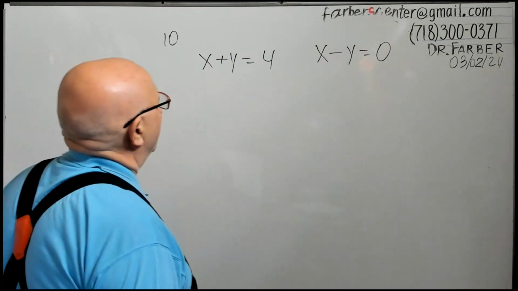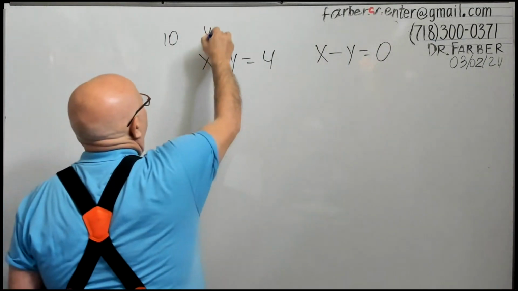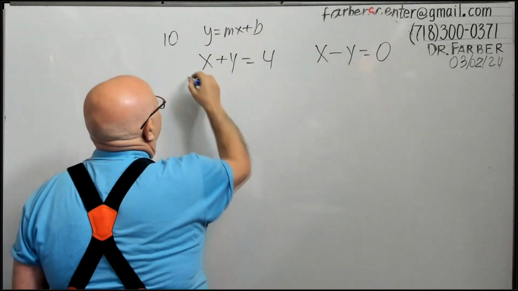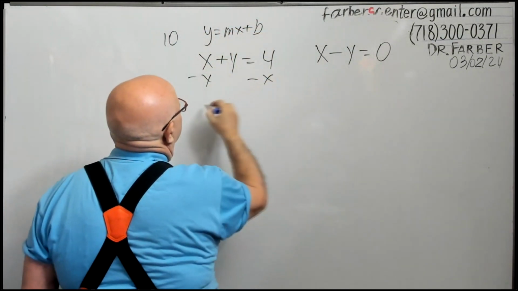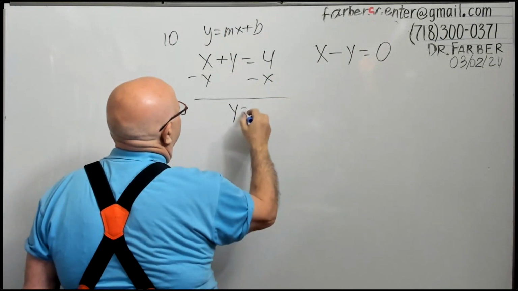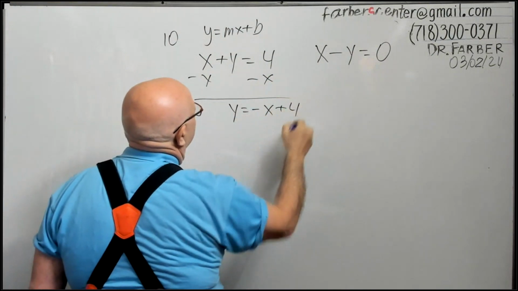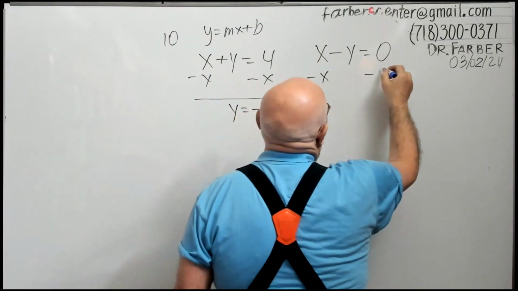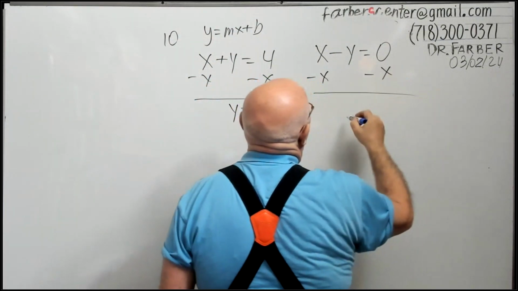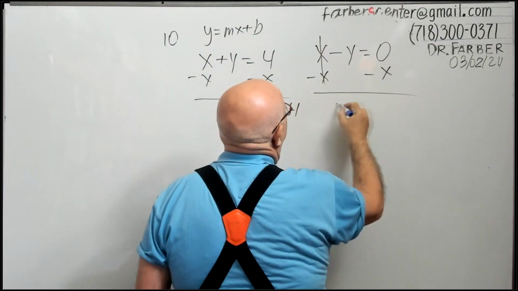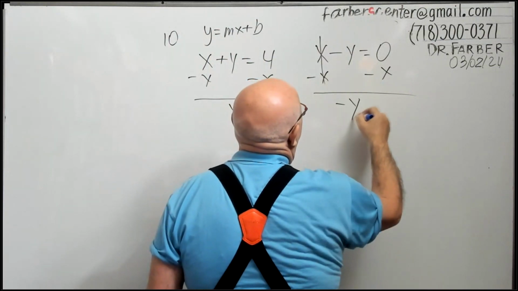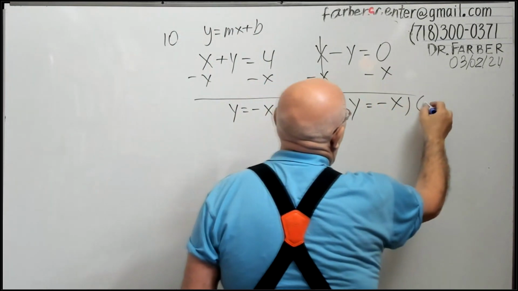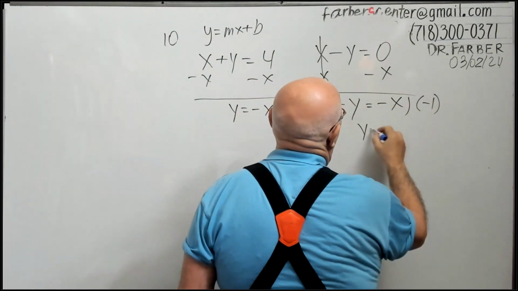Well, always unscramble into the most convenient form, y equals mx plus b. So minus x, and this line is negative x plus 4. Minus x and minus x cancel out. Negative y equals negative x, or multiply both parts by negative 1. You get y equals x.